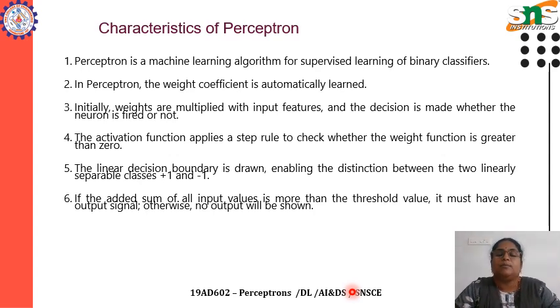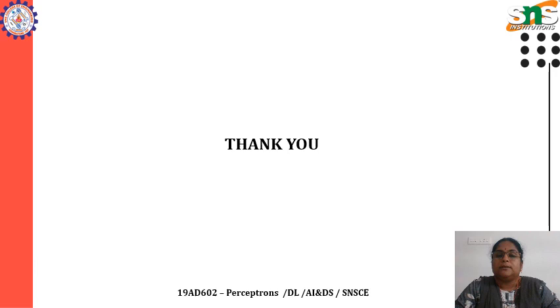The linear decision boundary is drawn, enabling the distinction between two linearly separable classes. Either it falls on +1 or -1. When the added sum of all input values is more than the threshold value, it must have an output signal. Otherwise, there will not be any output. These are all the important characteristics of perceptrons. Thank you.